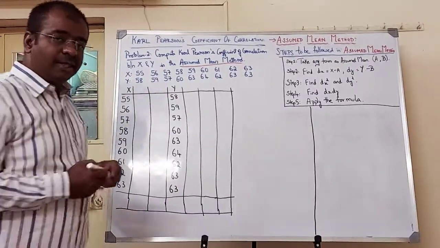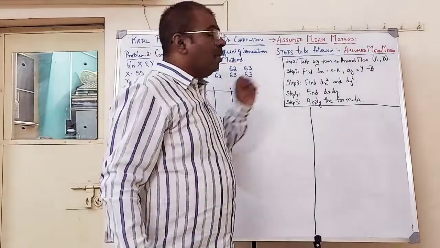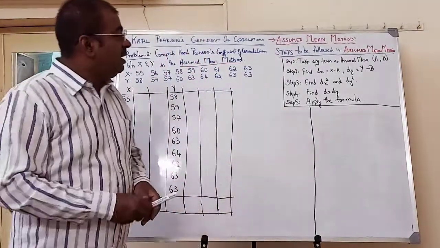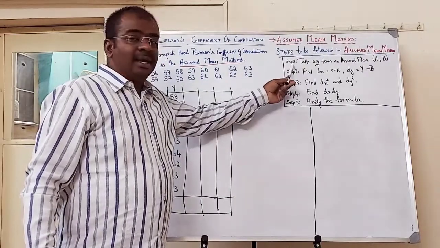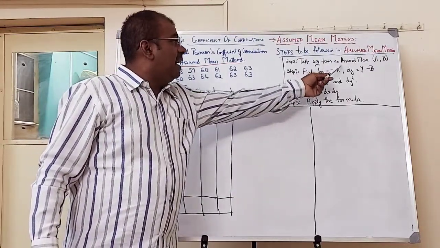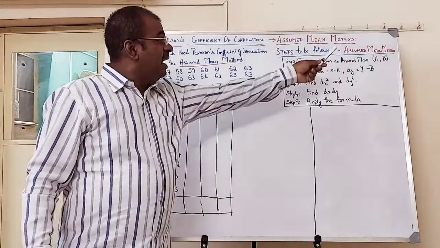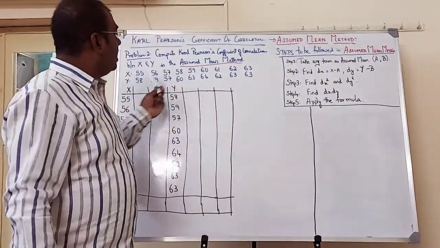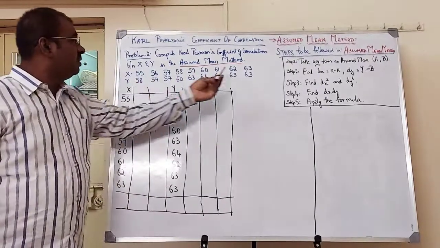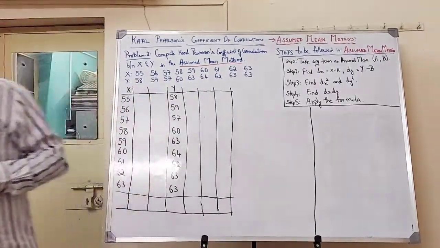Before I continue further, let us have a recap of the steps to be followed in the assumed mean method. Step number 1, take any term as assumed mean, A for series x and B for series y. You can choose any number out of these values.